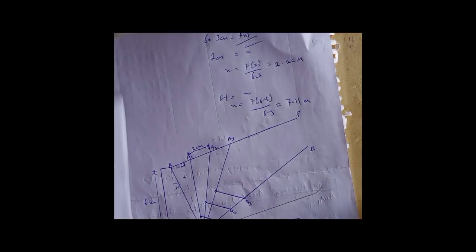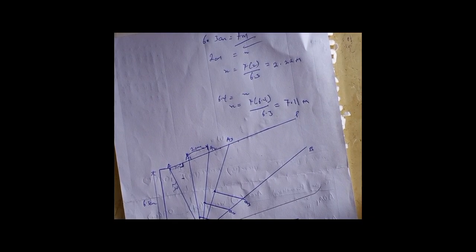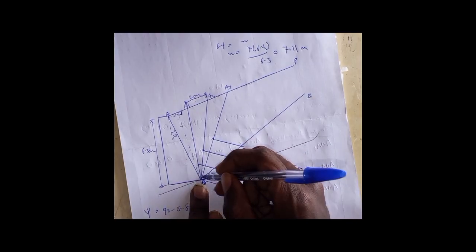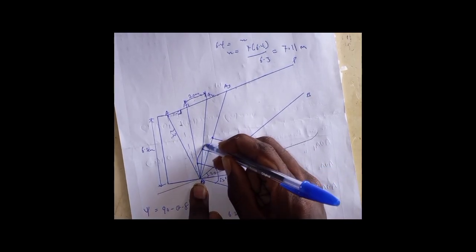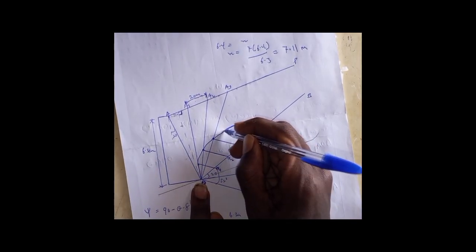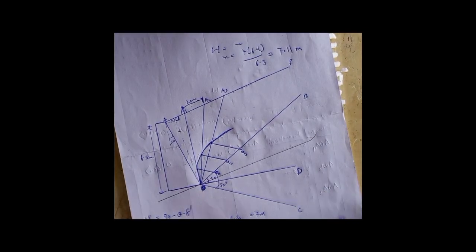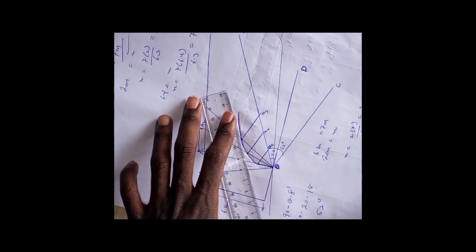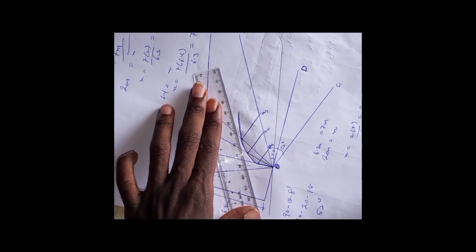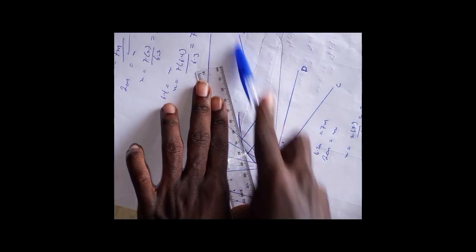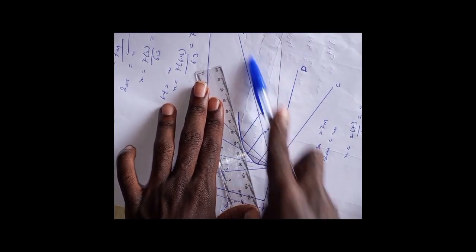After doing this, you have to draw a curve passing through these 3 points. From there, you draw a tangential line to touch the curve, and this tangential line should be parallel to this line.